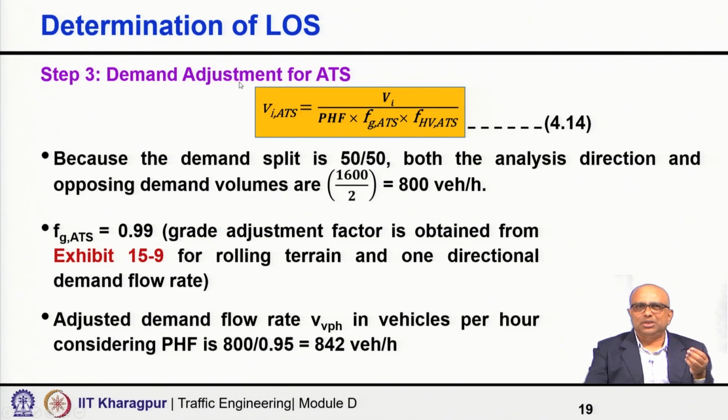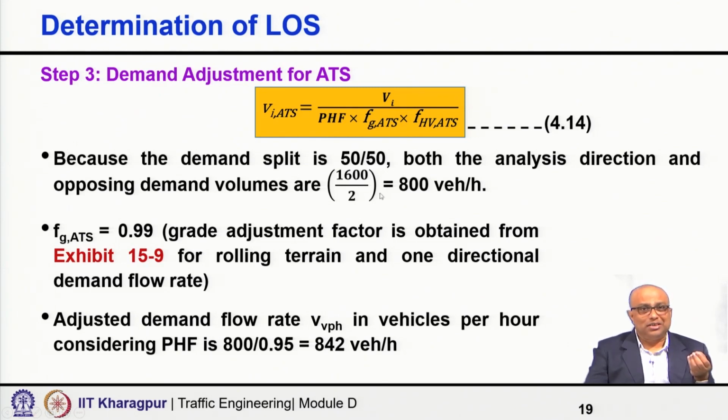Then we go to Step 3, equation 4.14, which I have reproduced. Here you know the demand is a 50-50 split and overall demand is 1600, so 800 vehicles per direction. Using Exhibit 15.9 for rolling terrain, one direction, and demand flow rate. What demand flow rate?